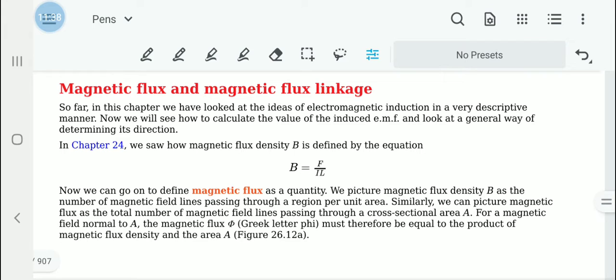When this magnetic flux density is pictured as the number of magnetic field lines passing through a region per unit area, we can get an understanding for magnetic flux. Put a dash and write down: total number of magnetic field lines passing through a cross-sectional area A.